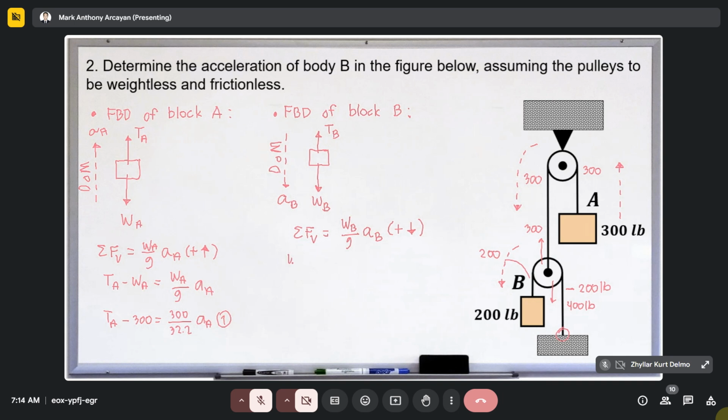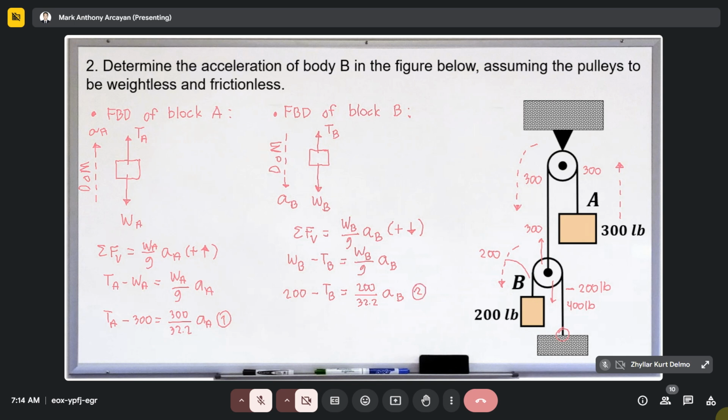When you have two, no, the weight of B, which takes the positive sign, minus the tension at B, is equal to the mass times the acceleration. Next, we're going to plug in the values. The weight of block B is 200. This 200 minus TB is equal to 200 over 32.2 times the acceleration of B. This would be our second equation.